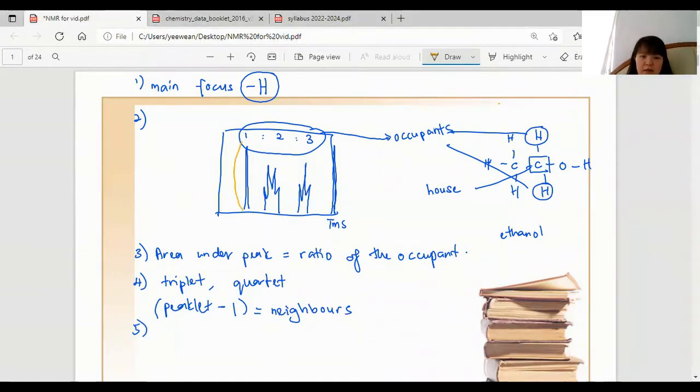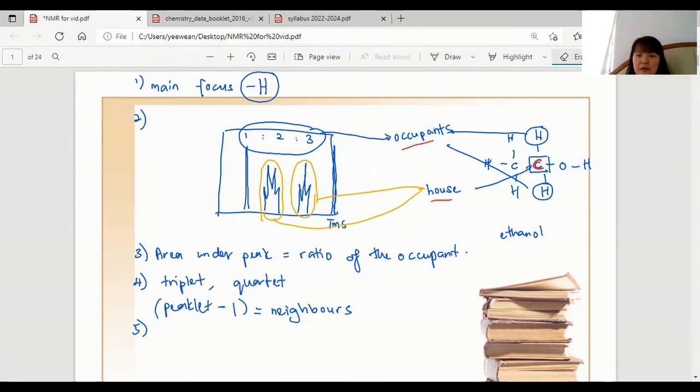And each set of peaks represents a house. So this is one house, and this is another house. We'll talk about that singlet later. Now keep in mind, this is not carbon NMR, so it doesn't read the house, it only reads the occupants because it's Proton NMR.